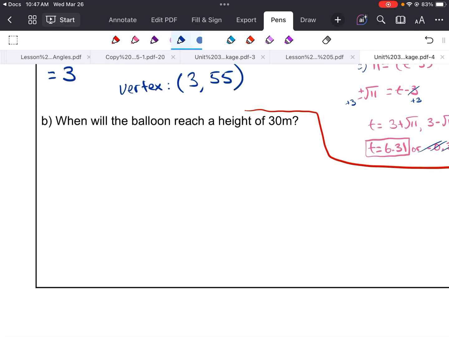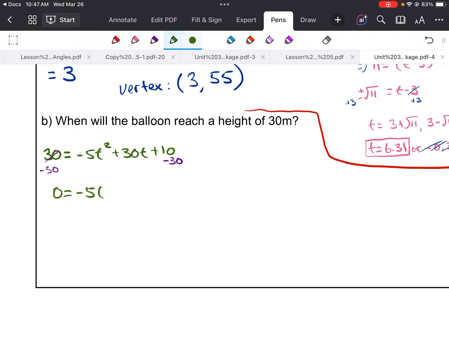Finally, let's go green. When will the balloon reach a height of 30? Okay, so that's saying it wants a height of 30, and then we put in our formula. We subtract 30 from both sides. Gives us our 0.